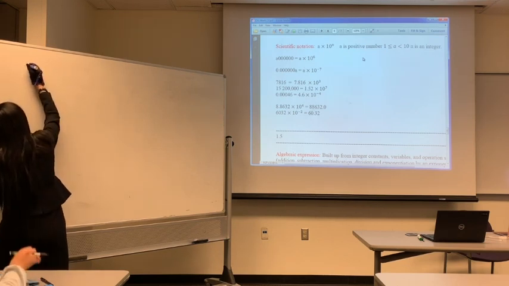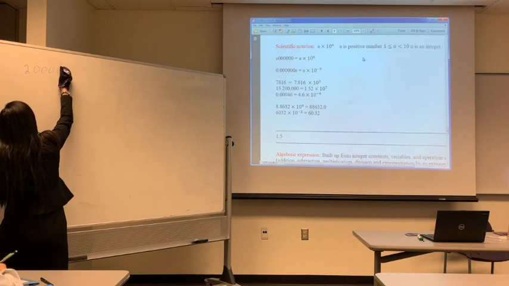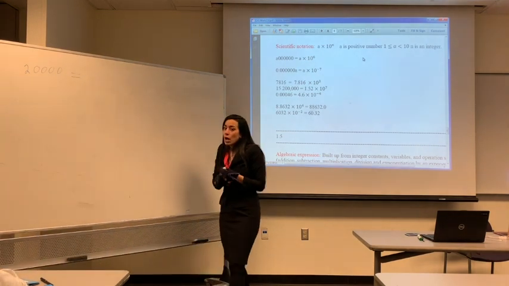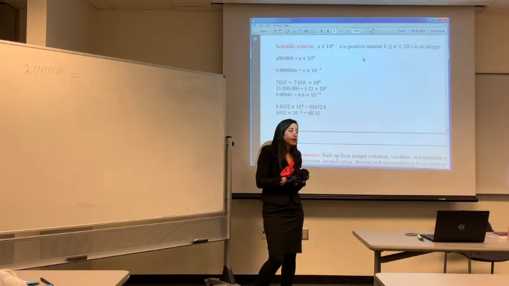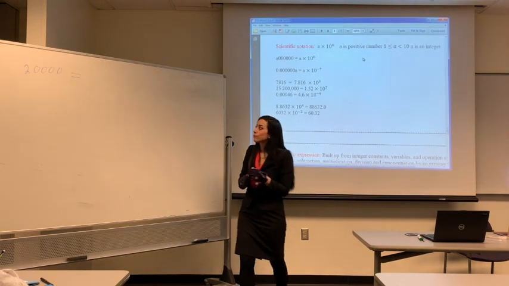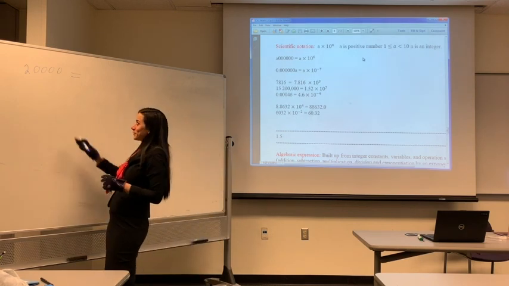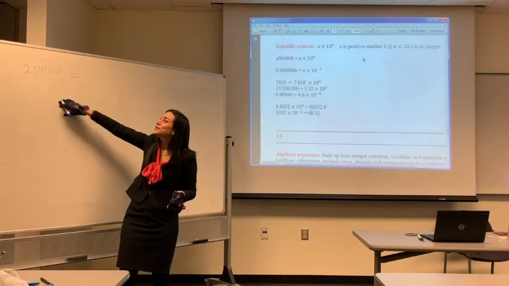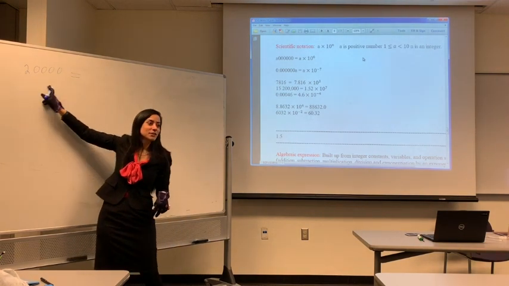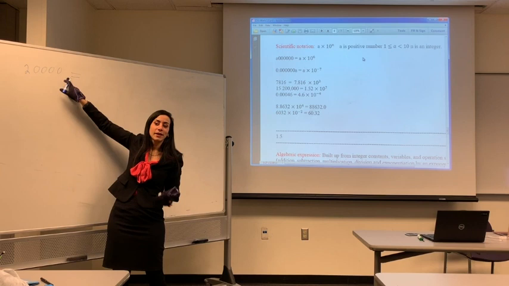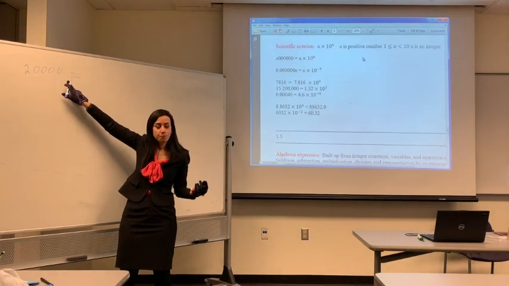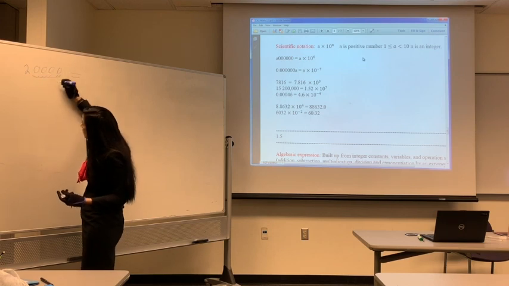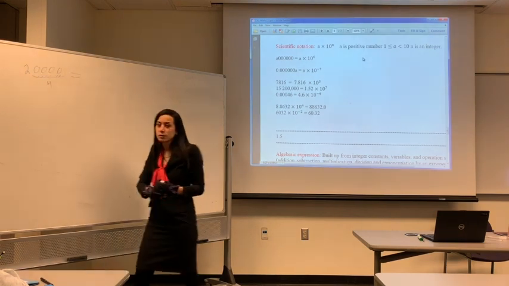So let me start with an example like this: 20,000. I want to write this down in scientific notation. We have 4 zeros here, correct?